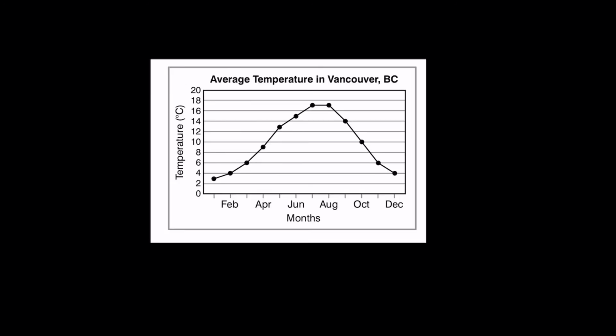Okay. Welcome back. We're looking at the average temperature in Vancouver right now. If I'm using this line chart, notice that I can track decimals and fractions on both of those lines, in Celsius as well as months, because we could be halfway through February. Something that I want you to notice is if we're looking at these spring months, what's happening there. It's going up.